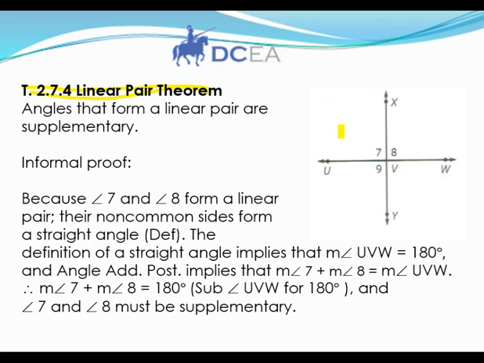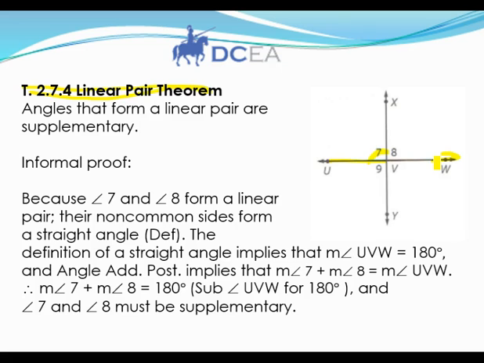So if you have angles that are together, as an example, angle 7 and angle 8, they form a linear pair. Their non-common sides form a straight angle. So the non-common sides of 7 and 8 are VU and VW.